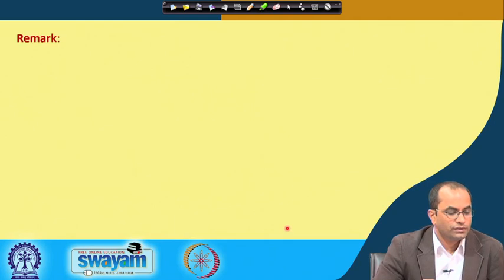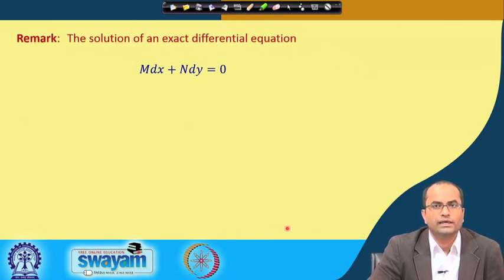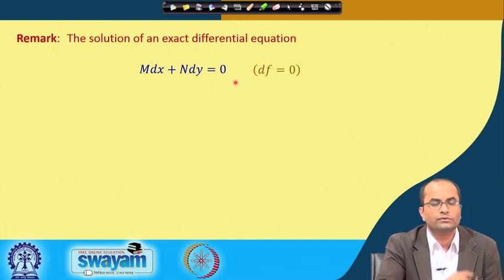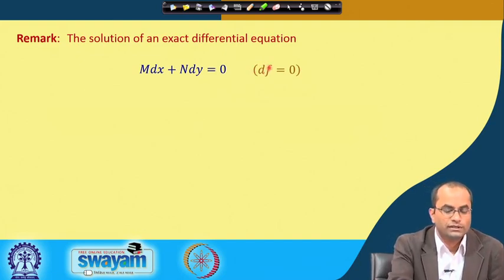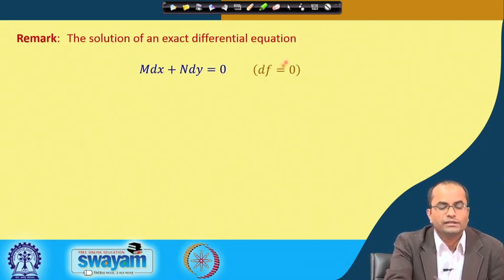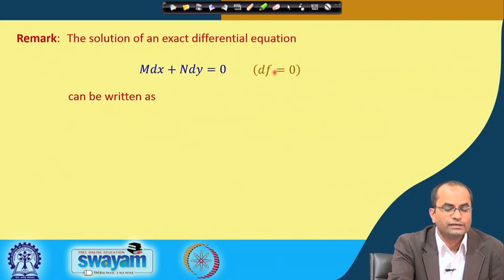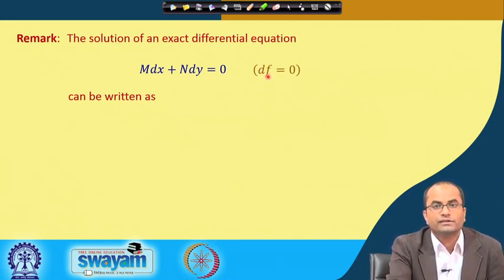Well, just a remark here on the solution of the exact differential equation m dx plus n dy. Once we know that the equation is exact, that means df is equal to 0, because there is a function f whose differential is this m dx plus n dy. So, df is equal to 0, and the solution we can then write down in terms of f: f is a constant, because the differential of this function is 0.